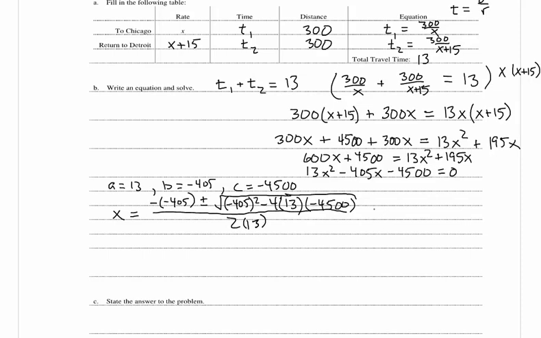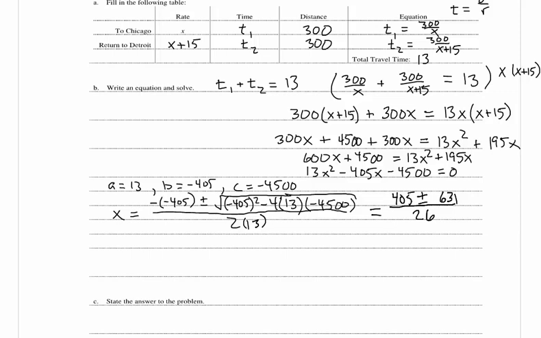And this is equal to 405 plus or minus. When we do negative 405 squared minus 4 times 13 times negative 4,500, we get 398,161. And then when we take the square root of that, we get 631. And this is all divided by 26. And now we have 405 plus or minus 631 in the numerator.